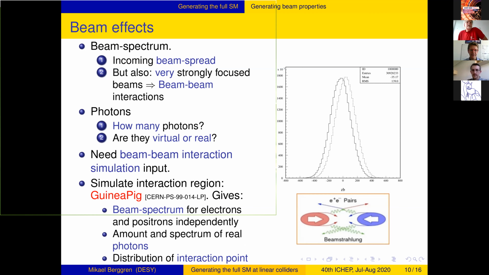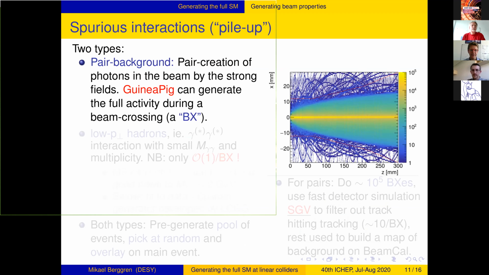Okay, we also get spurious interactions of two types. So we get pair background, which is pairs produced from photons in the very high fields, and this is illustrated by the Guinea-Pig simulation of a single bunch crossing.